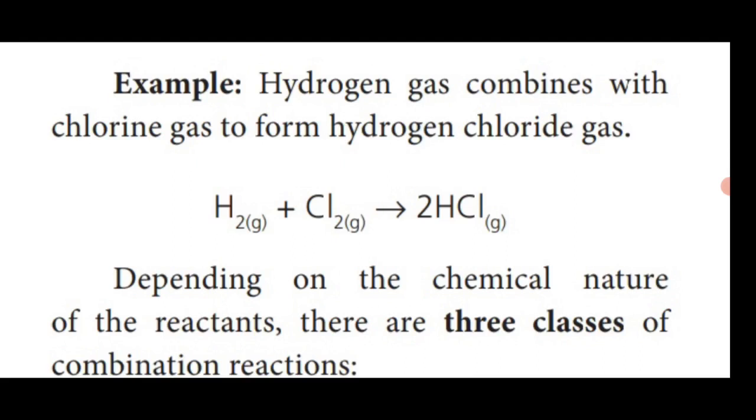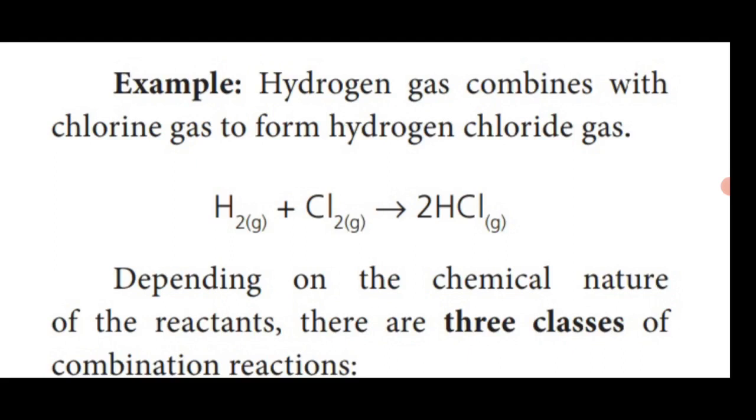So H2 plus Cl2 gives 2HCl. This is hydrogen chloride, also a gaseous substance. H2 is one of the reactants, Cl2 is the other reactant. Both reactants combine to form a compound with formula HCl.